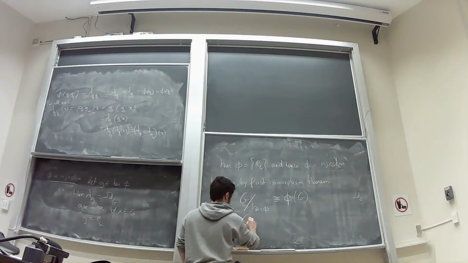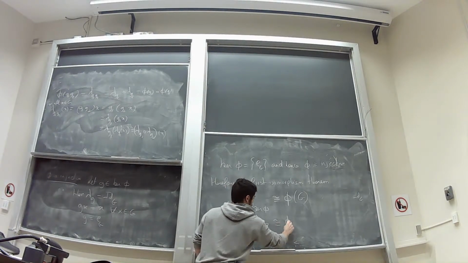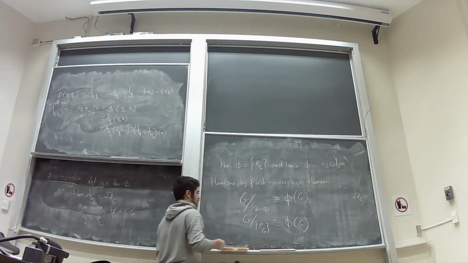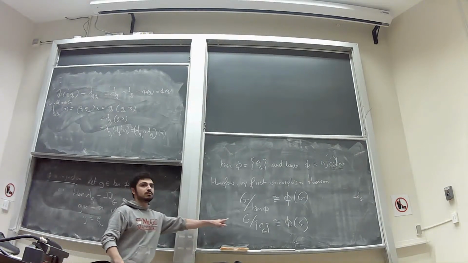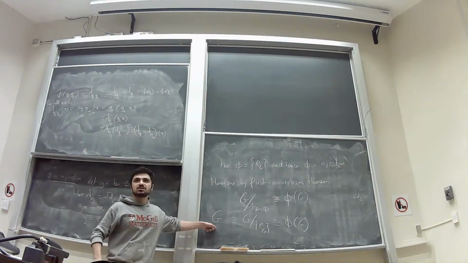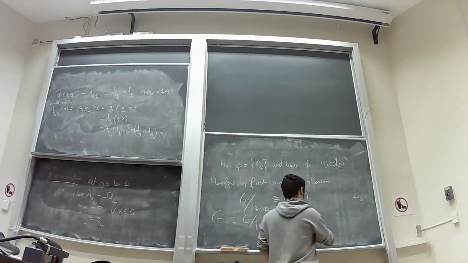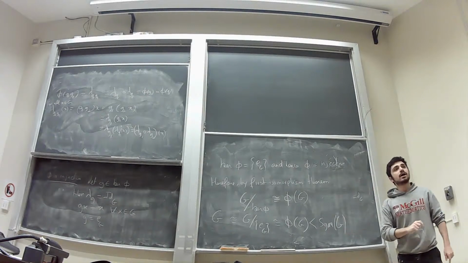The kernel of phi is the identity. Now, G modulo the identity is isomorphic to G. So really, G is isomorphic to a subgroup of the symmetric group.